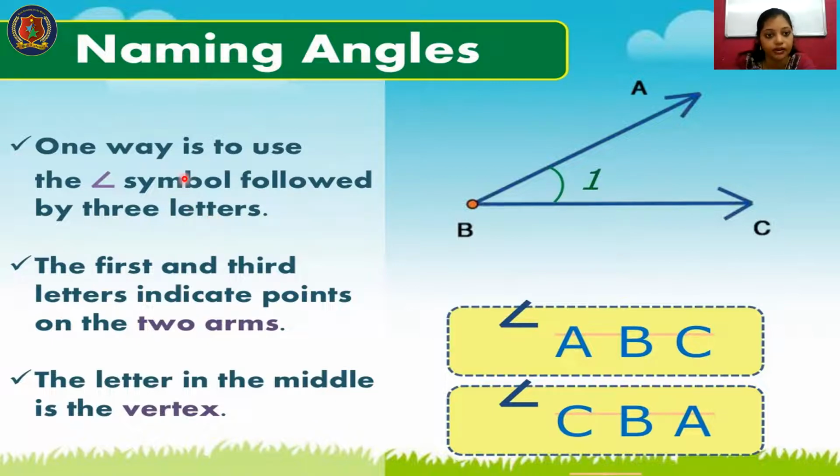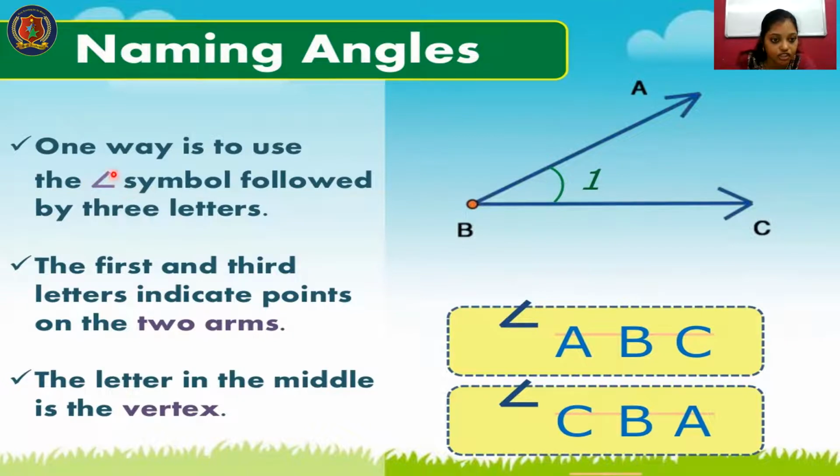Like that, we are going to give names for the angles also. So here you see, we are going to give three letters: A, B, C. One point, then the meeting point, and then the last end point. We will draw like this only, no? So these three letters we are going to write together using the symbol.